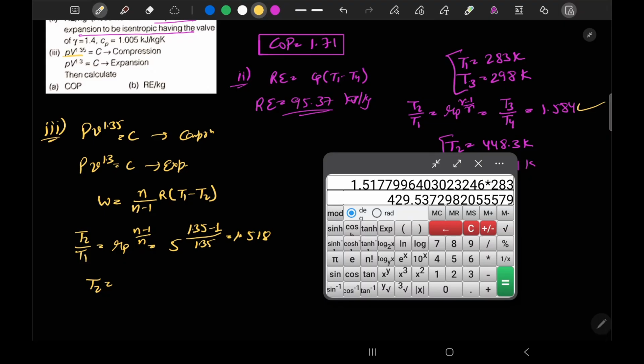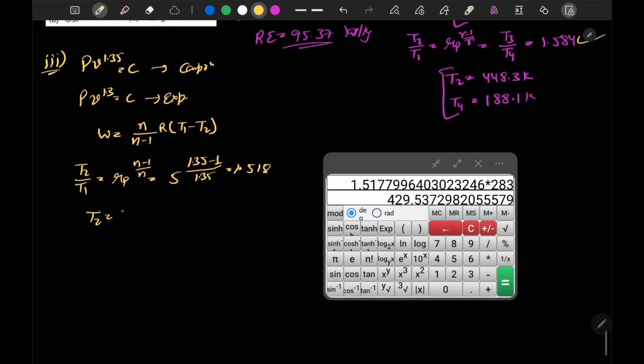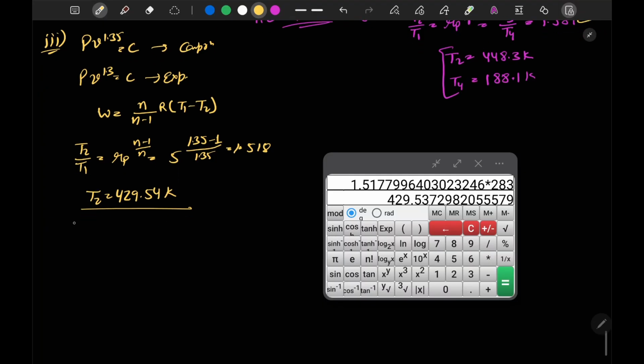Okay, so we obtained the value 429.54 Kelvin. This is the value of T2. Now if I want the value of T4, I can write T4 by T3 is equal to rp to the power (1.3 minus 1) upon 1.3, that is 5 to the power 1.3 minus 1 upon 1.3.